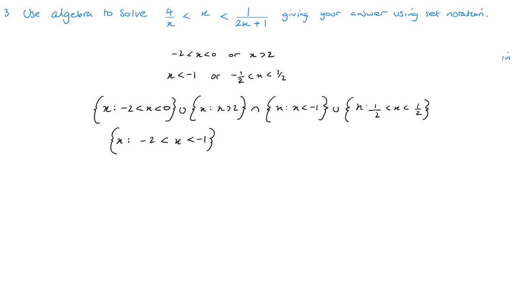So if I look at it, this is between -2 and 0, and this is between -1/2 and +1/2. So I can say that this will become between -1/2 and 0. Okay, so that therefore is my set of solutions.